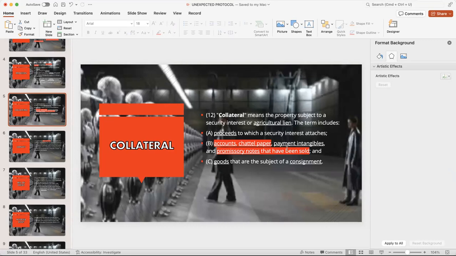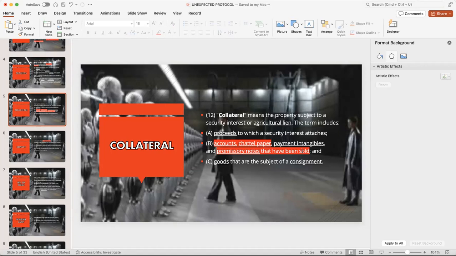And it says, and promissory notes that have been sold. So this is one thing there's no confusion upon, because in your contract, it says we reserve the right to sell this contract and receive some of the financing charges. So there's no dispute to that. It says it right there in the contract. A lot of people say it's fraud. They sold our contract. They didn't tell us.